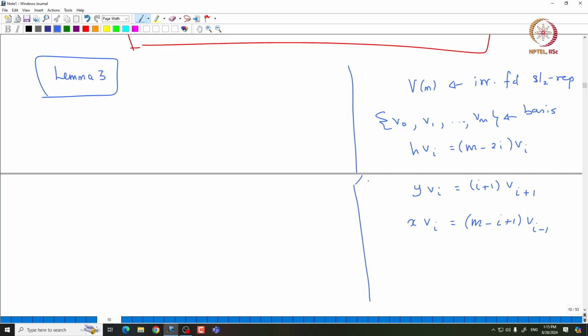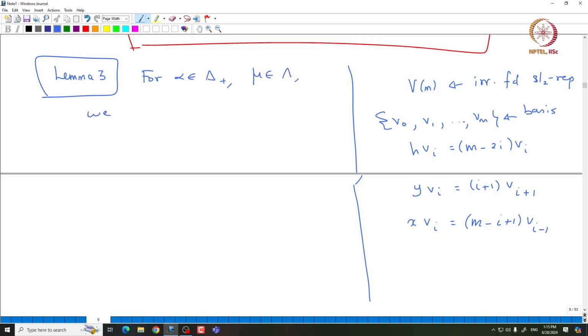Now, if we use these formulas, one can actually compute how the trace of Y alpha X alpha will be on this V mu. So, let us do this for alpha in delta plus and mu in lambda.